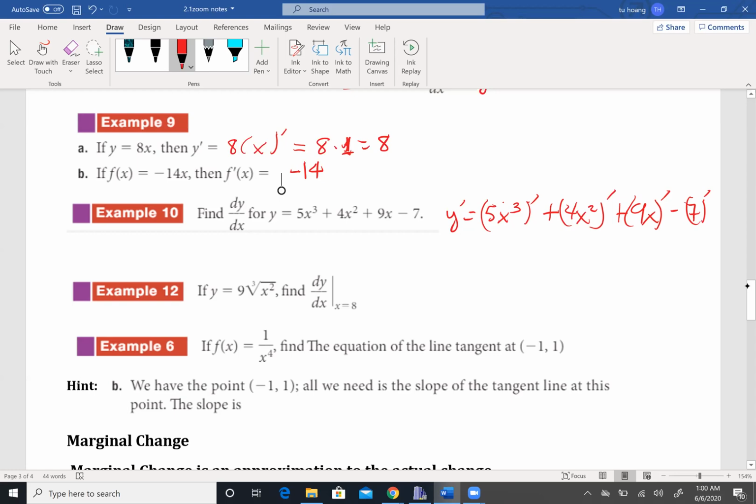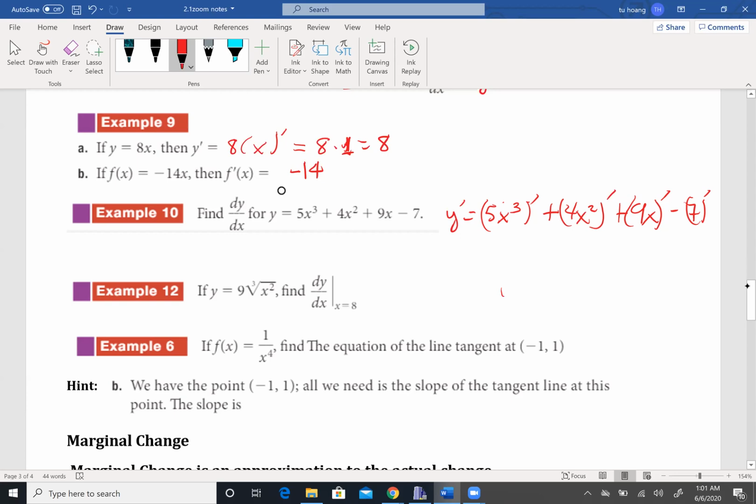And you have to apply this for each term here.